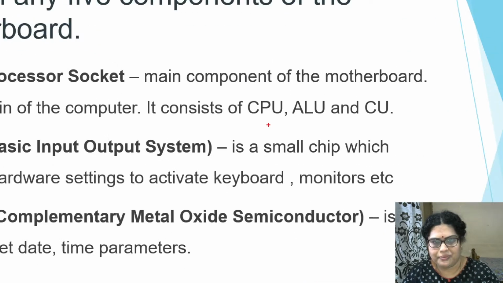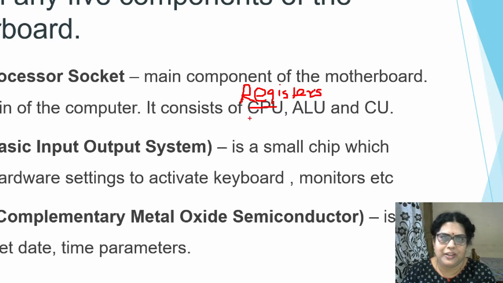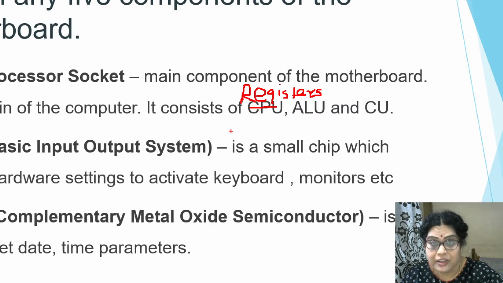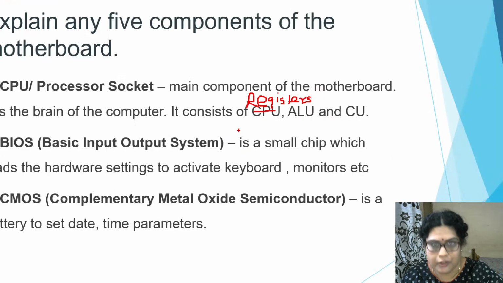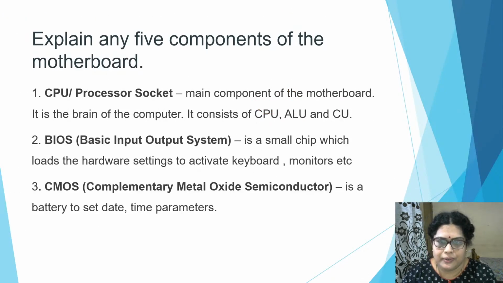ALU stands for arithmetic logic unit, where the arithmetic and logical operations are carried on. And CU is the control unit which is going to take care of the ALU and the registers.